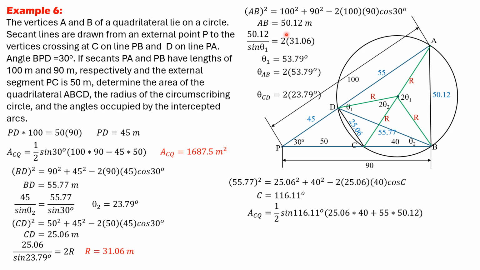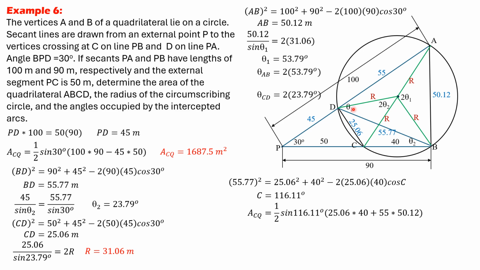Then considering triangle DAB, call that theta 1, opposite is 50.12, so 50.12 is to sine theta 1 equals 2 times radius, because this triangle BAD is inside the circle. And we already computed the radius 31.06. Actually, you may also solve the radius independently.